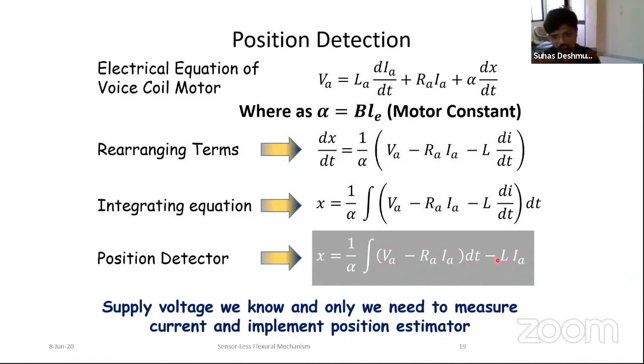Resistance and inductance are constant properties that don't change. The only change is how much voltage drop and how much current there is. If we could monitor this voltage and current precisely, maybe in microamperes and microvolts, we can quite easily determine position continuously. That is an online position you can get.